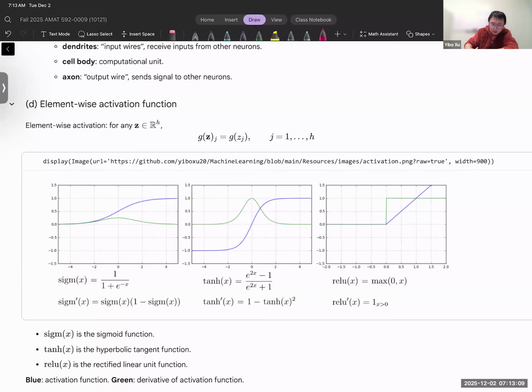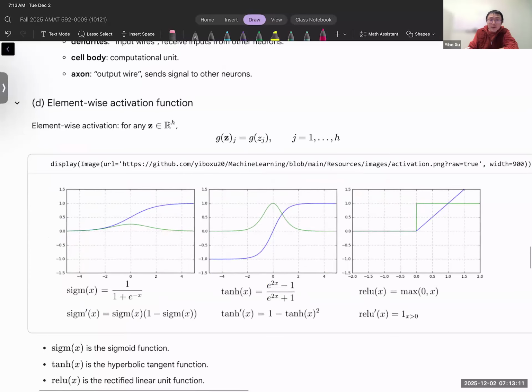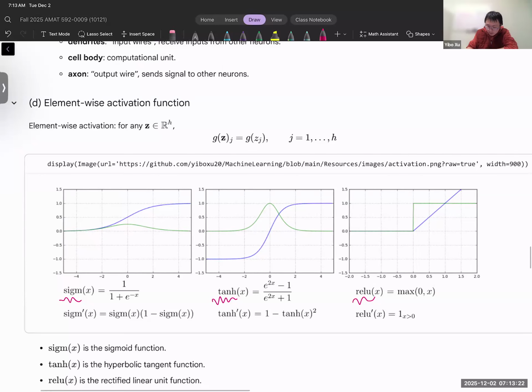Now besides the softmax, you are able to choose the sigmoid, hyperbolic tangent, and ReLU. ReLU is the function like right here. The sigmoid gives output from 0 to 1, the hyperbolic tangent from -1 to 1.